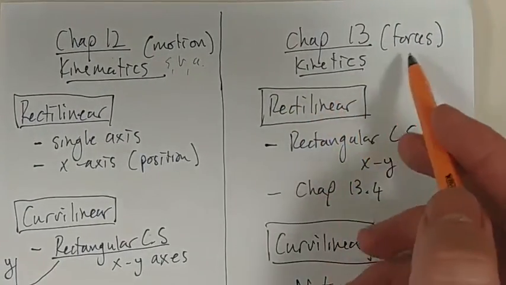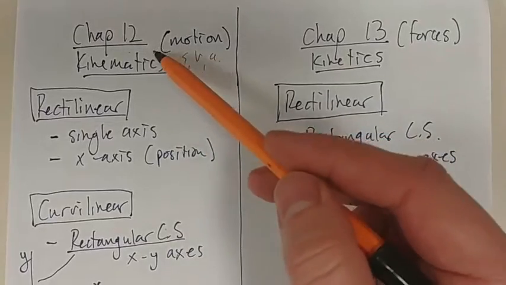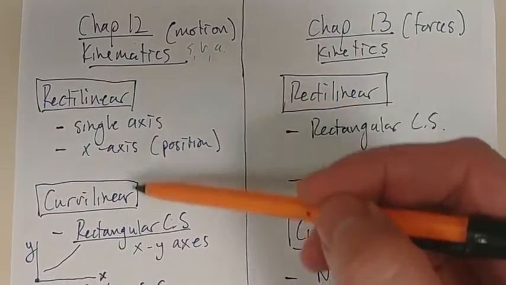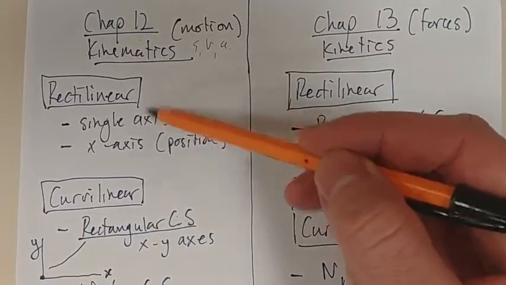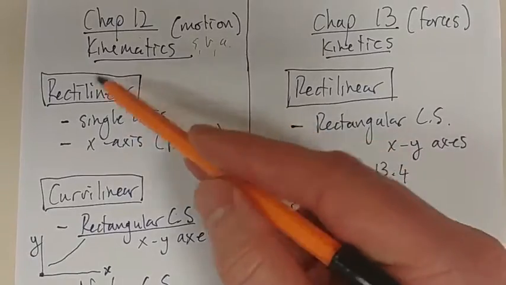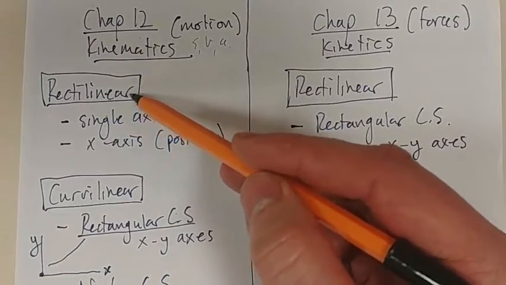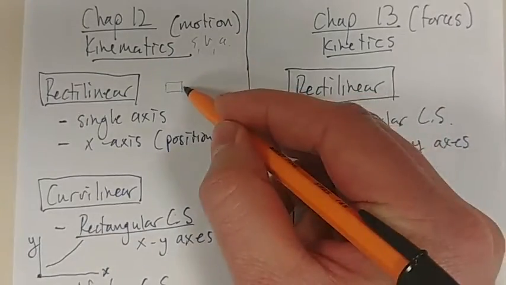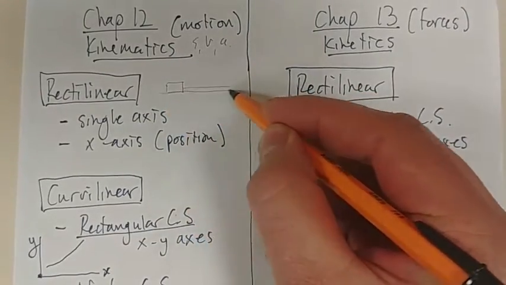That's kinetics, right? But in chapter 12, in the kinematics chapter, we studied two types of motion: rectilinear, that's straight line motion, and curvilinear motion. And recall rectilinear kinematics, straight line motion, we say there was a car or a box or something, and it was just going in one straight line.